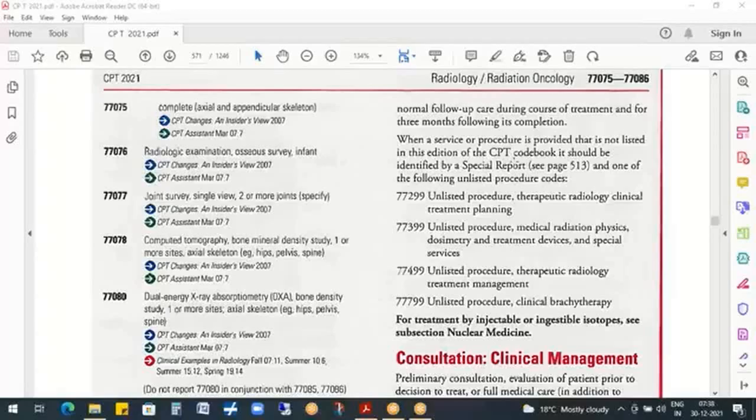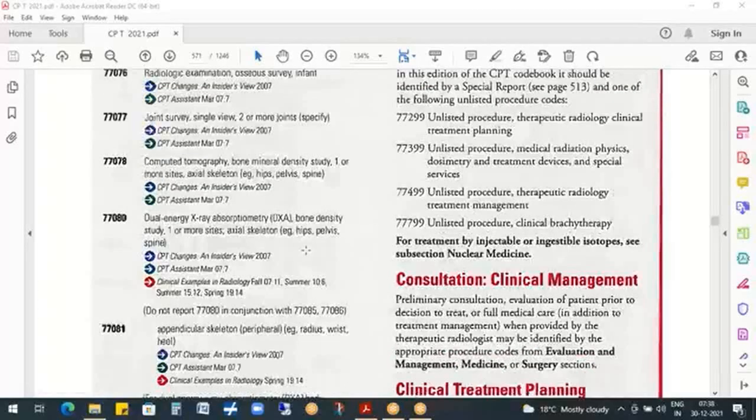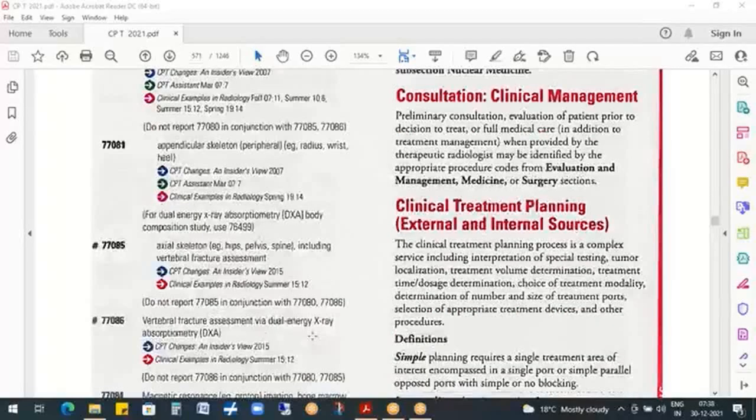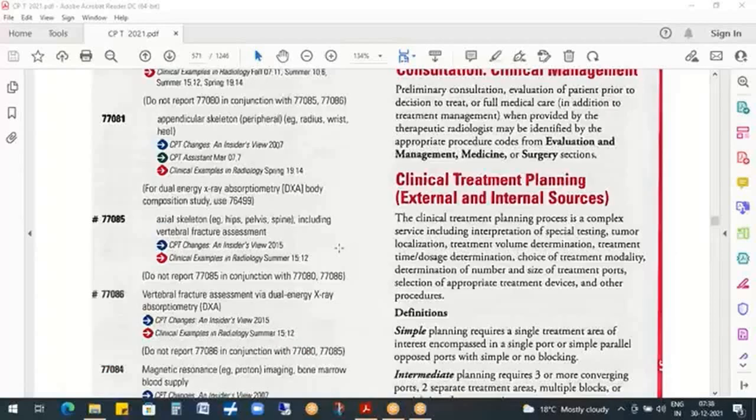You can see the code description there: axial skeletal, more than one site, but the parts are from axial skeletal. 77081, appendicular skeletal. 77085, axial skeletal with vertebral fracture. 77086, only vertebral fracture assessment.